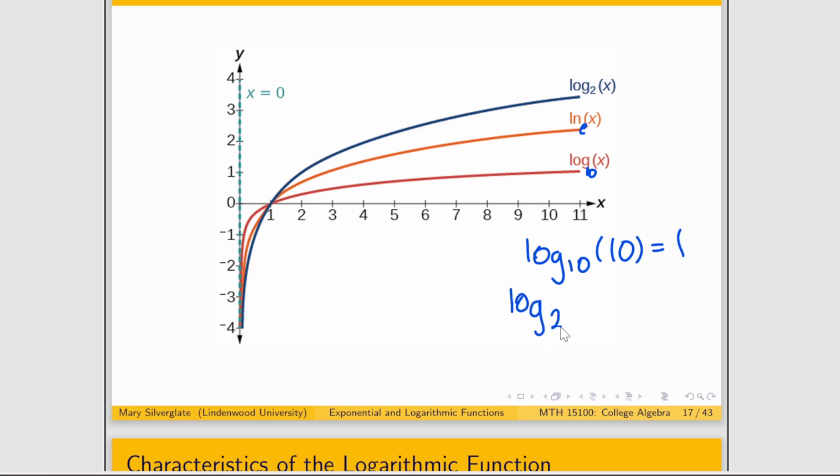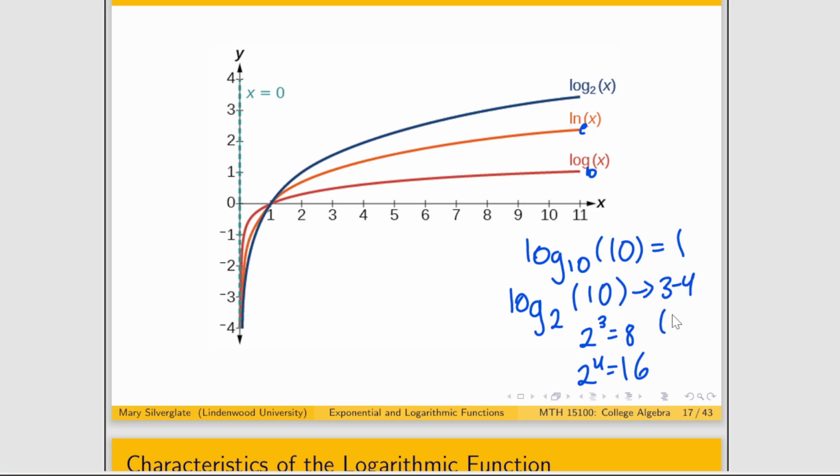Versus if I'm asking log base 2 of 10, well that's not something particularly even because I can't think of 2 to any even power that gives me 10. But 2 to the 3rd is 8 and 2 to the 4th is 16, so that would be somewhere in between 3 and 4 as its answer.